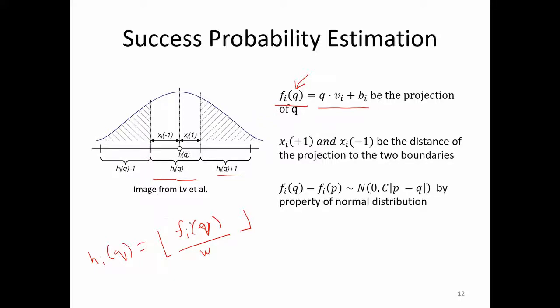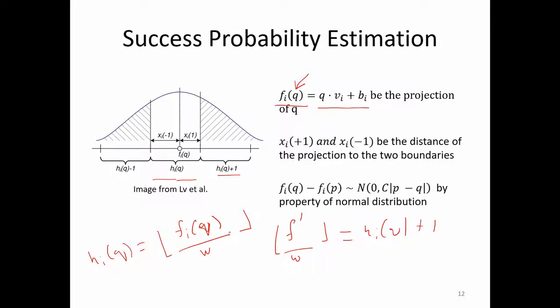This you can easily compute. Basically it will be something like f dashed, the value f dashed, such that the floor of f dashed by W is equal to h_i(q) plus 1.